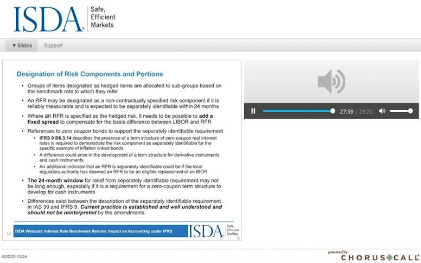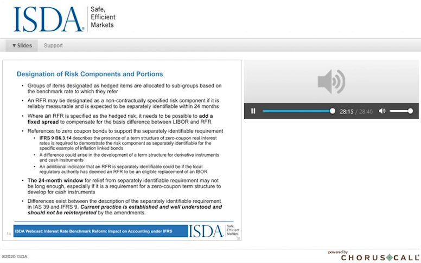Under the IASB's proposals, an RFR may be designated as a non-contractually specified risk component or a designated portion if it is reliably measurable and is expected to be separately identifiable within 24 months.